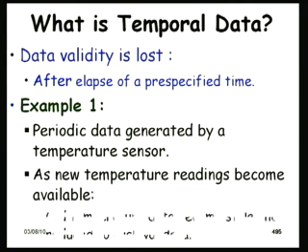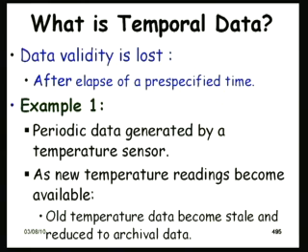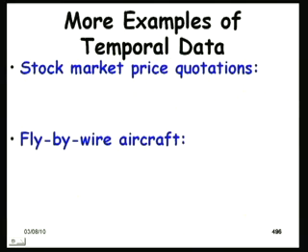As new temperature readings are available, the old temperature data becomes stale and is reduced to only archival value. Some more examples of temporal data are the stock market price quotations, and we will also explain this with respect to a fly-by-wire aircraft.